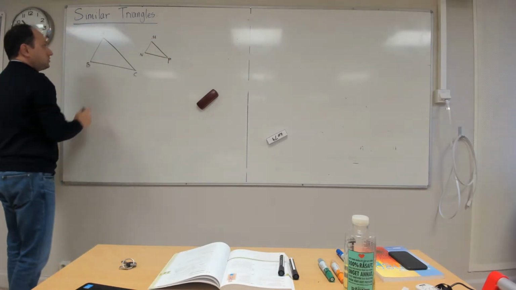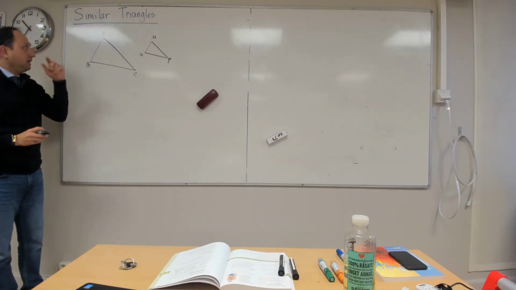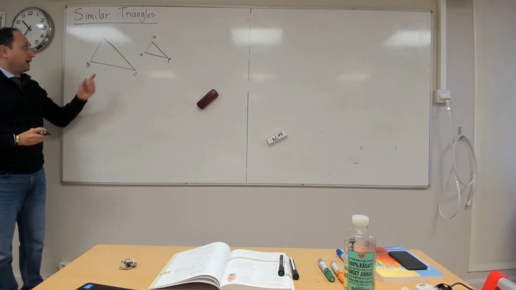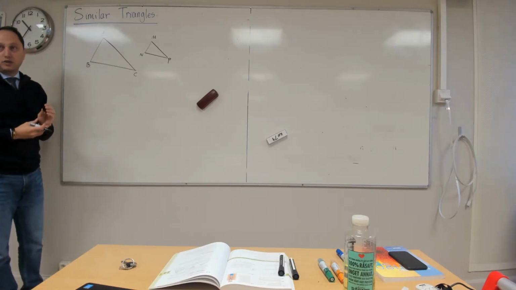Then these two triangles are said to be similar if the angles are correspondingly equal and the sides are correspondingly proportional. What does it mean?